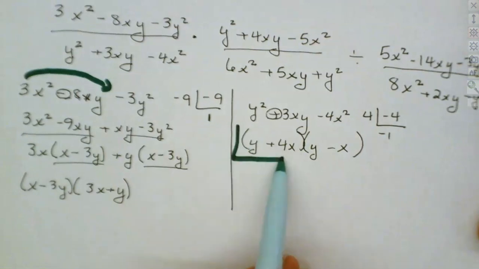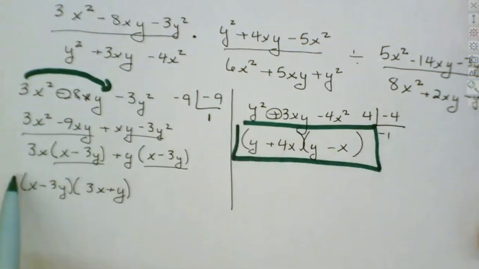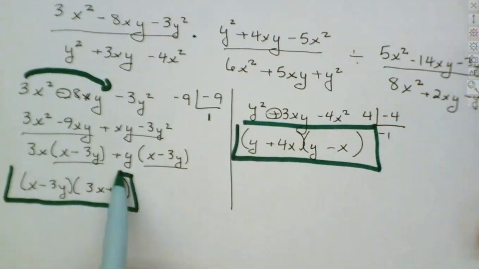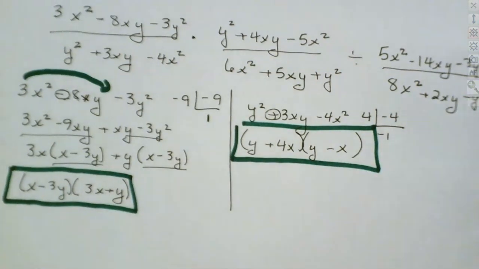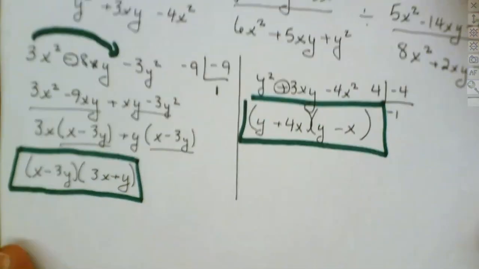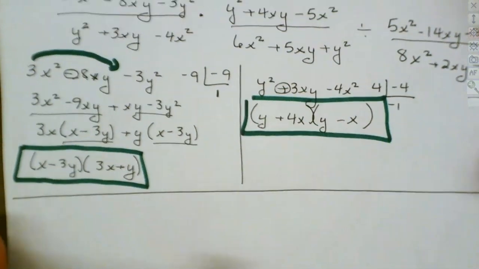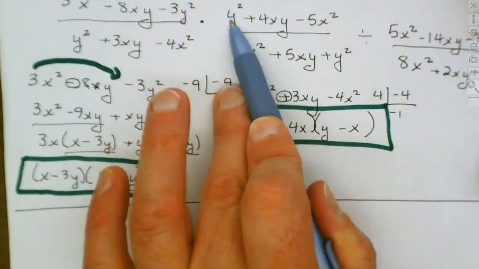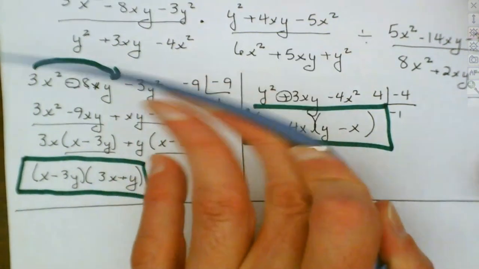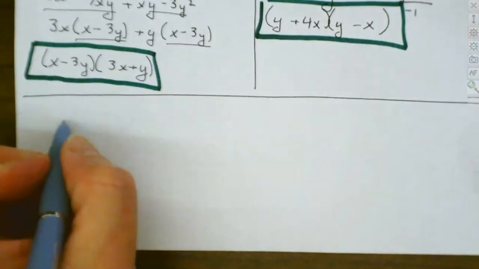Just so we don't lose track of anything, I'm going to highlight these real quick here. So we've got them. These, again, are not my answers, but they're only part of it. We factor the next set. So let's see what we've got here. Well, this one is y squared plus 4xy minus 5x squared.